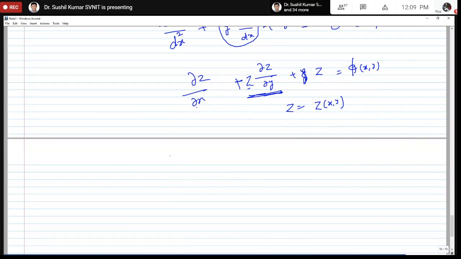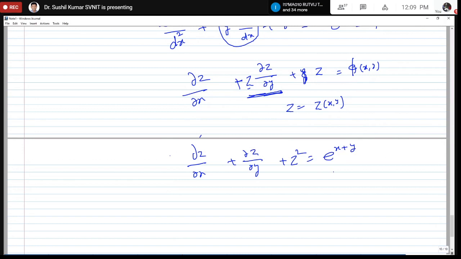So simply see, if you want to write it, say for example, del z over del x plus del z over del y plus z square, that is equal to, let's say, e raised to power x plus y. What's the nature of this differential equation?